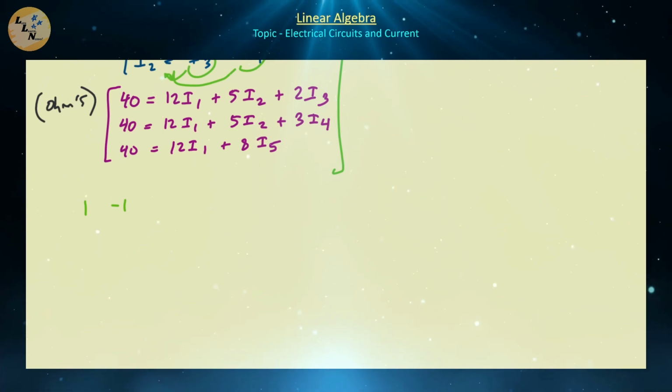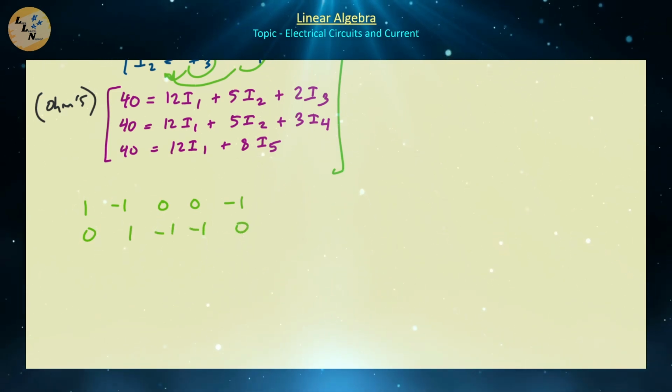So I'm going to have 1, minus 1, 0, 0, minus 1, and then 0, 1, minus 1, minus 1, 0. You should always have only 1s, minus 1s, and 0s when it comes to the Kirchhoff's law equations. Then when it comes to the Ohm's law equations, you're going to have nothing but positive numbers, and those positive numbers are going to correspond to resistances.